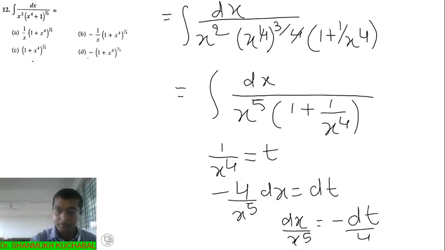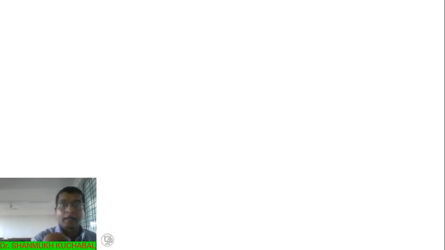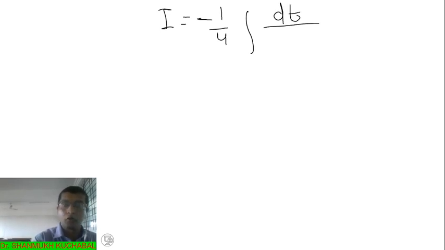Substituting the value of t and dx upon x raised to 5 in this equation, we get integration I equal to minus 1 by 4 integration dt divided by 1 plus t raised to 3 by 4.